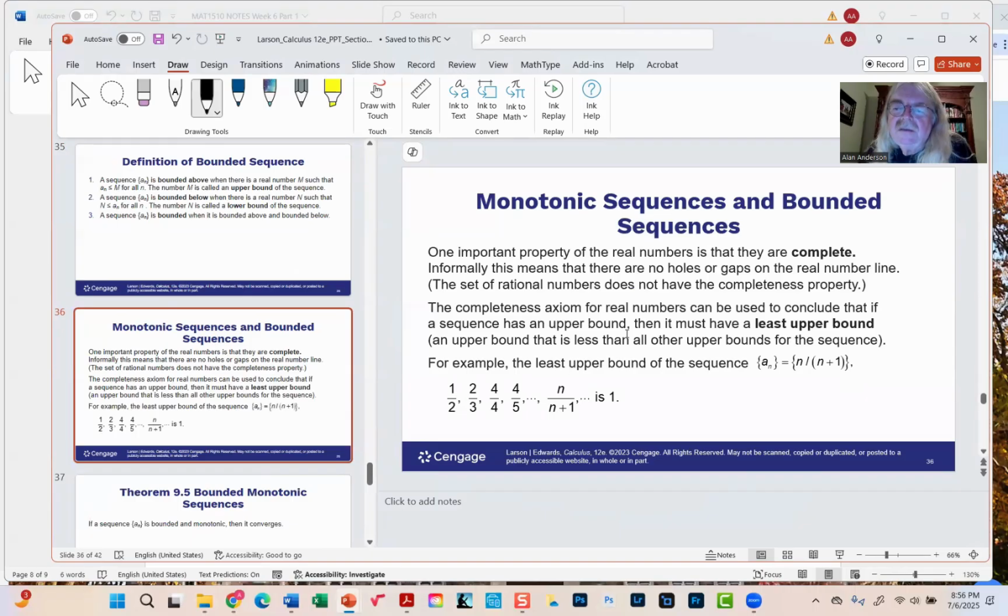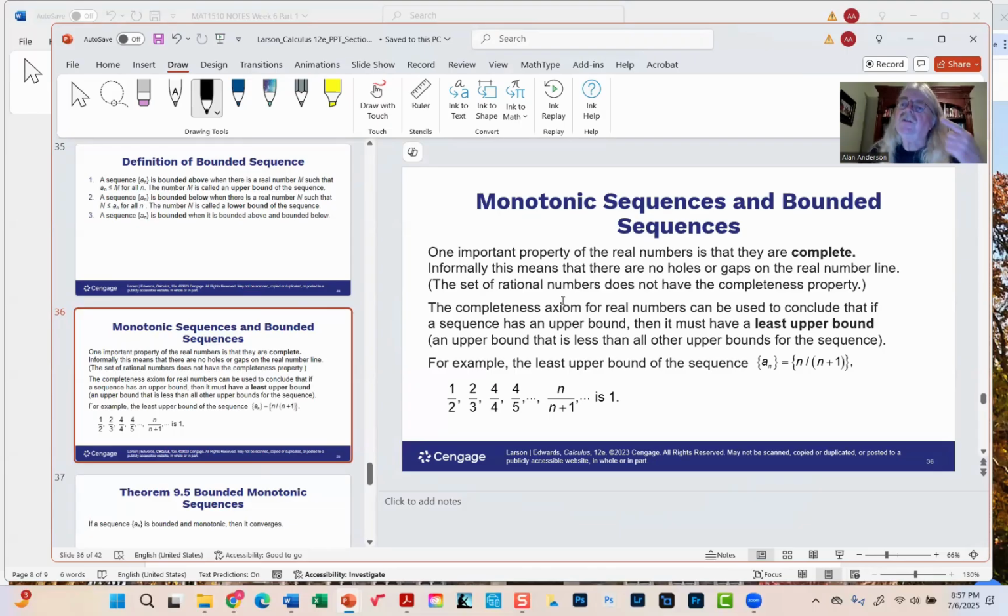The sequence can have more than one upper bound. So in other words, let's say that the sequence will never go above 5, that means that it also will never go above 6 or 7 or 8 or 9 or 10. So the relevant one that we need to know is the smallest of all those upper bounds, and we call that the least upper bound.